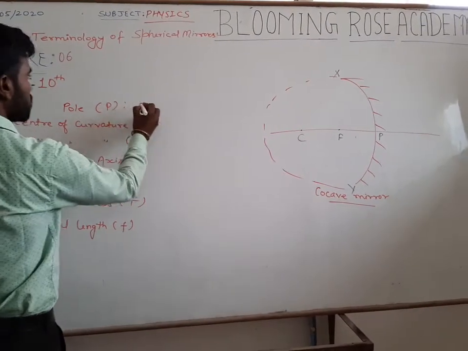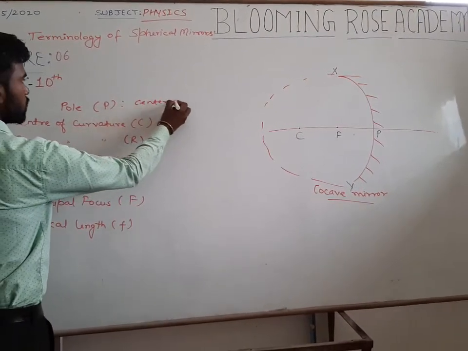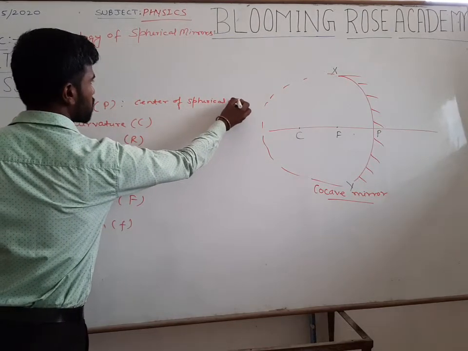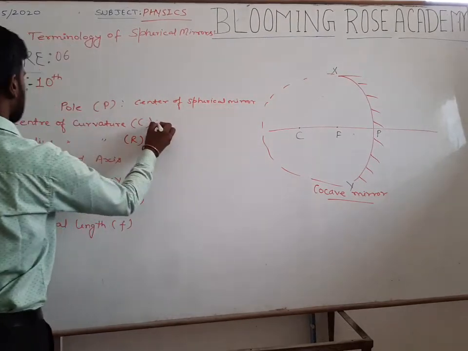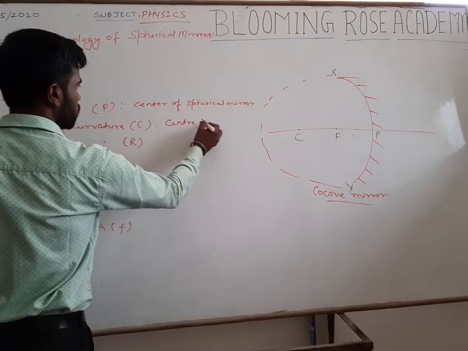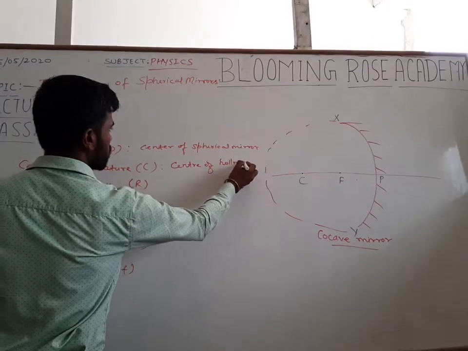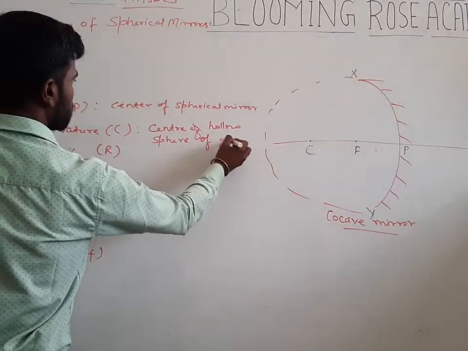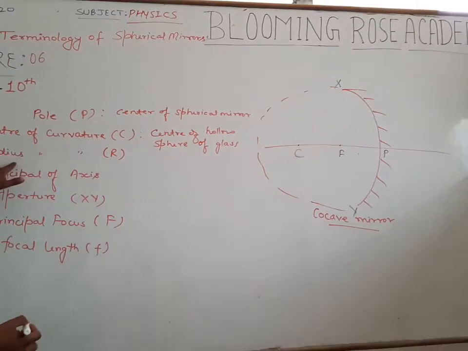Pole means the center of the spherical mirror, and center of curvature means the center of the hollow sphere of glass.